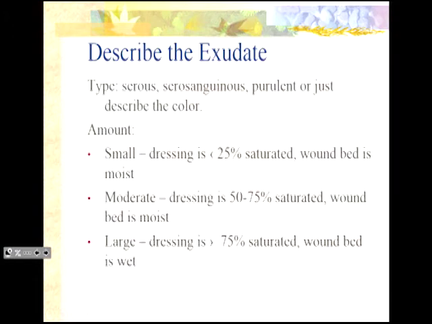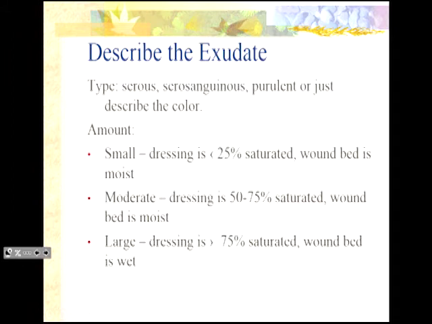So the second letter in MEASURE is exudate, or E. Essentially, you're measuring the type. And I don't honestly care what terminology you use. It used to be that we had red, yellow, black as some of our criteria, and that's fine. Describe what you're seeing.